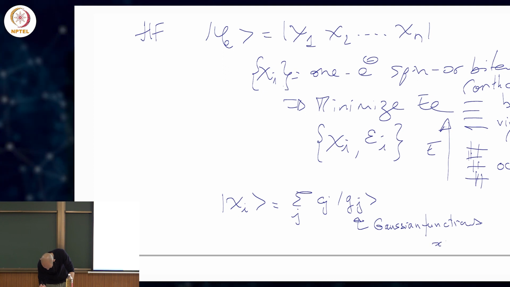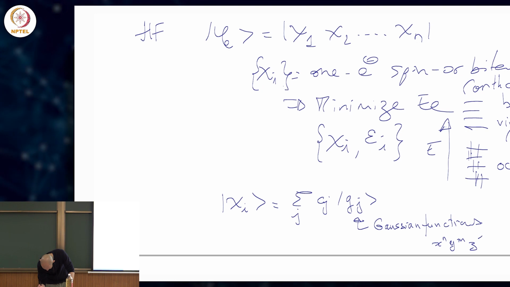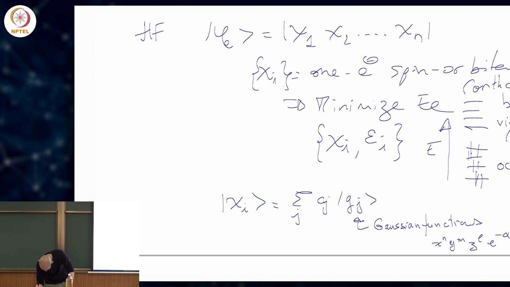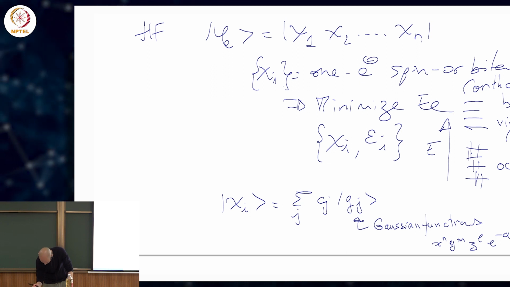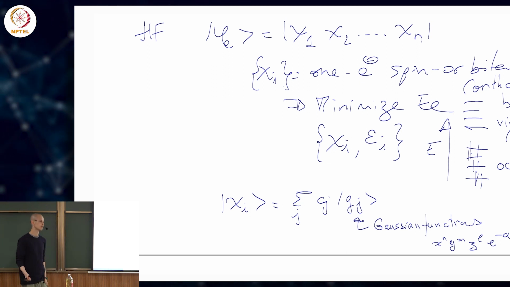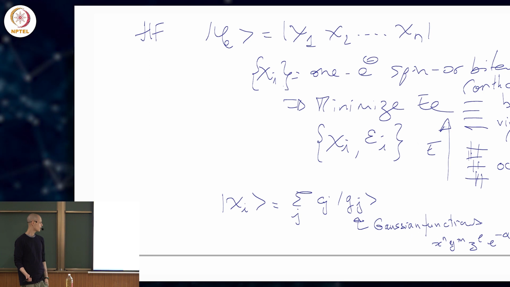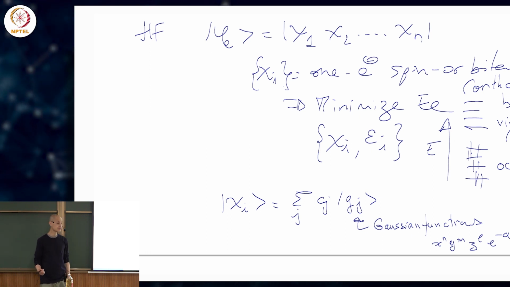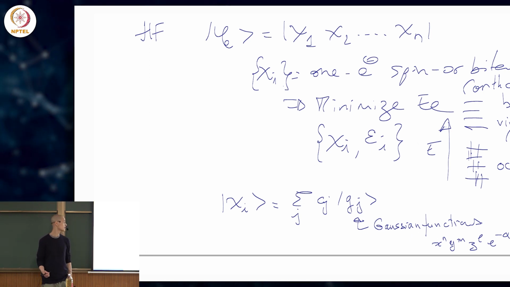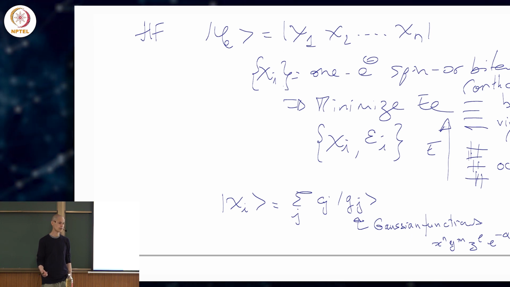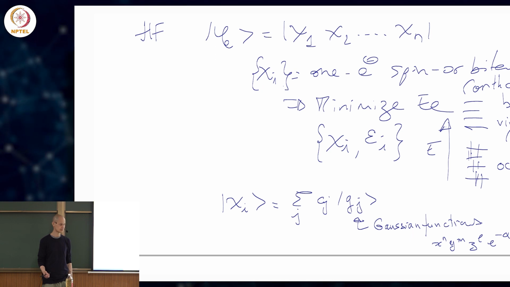So you get something like x^n y^m z^l times exponential of minus alpha (r minus R) squared. And what you optimize, as I said, what we want in Hartree-Fock is to get the lowest energy possible for the electrons.